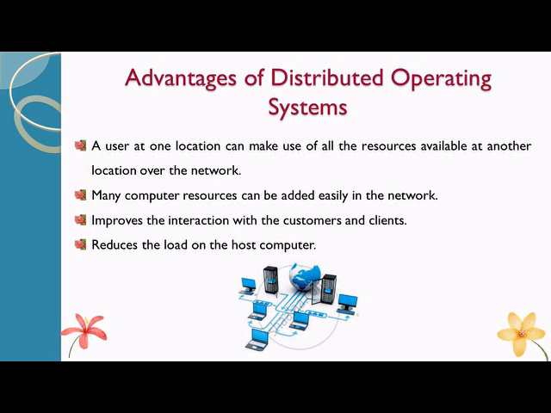Many computer resources can be shared and added easily in the network, and made accessible to all the people connected in the network. Also it improves the interaction with customers and clients, and it reduces the load on the host computer because the resources are distributed. These are the advantages of distributed operating systems.